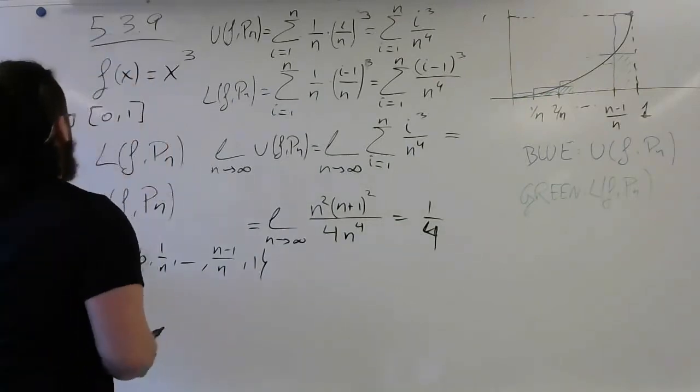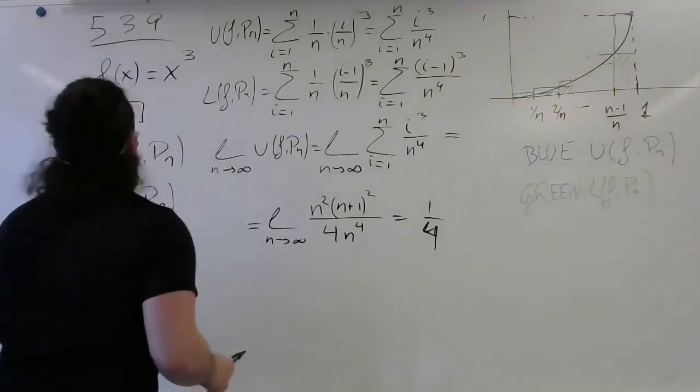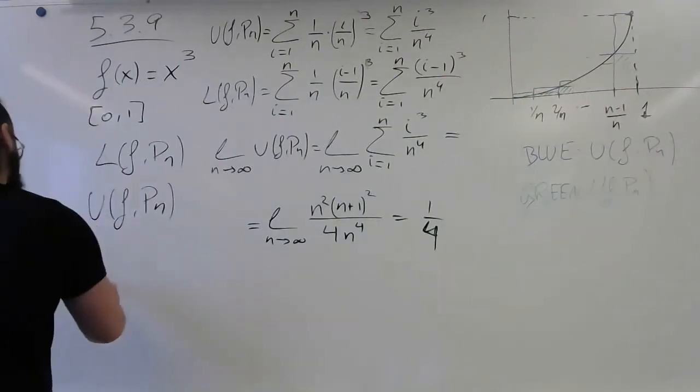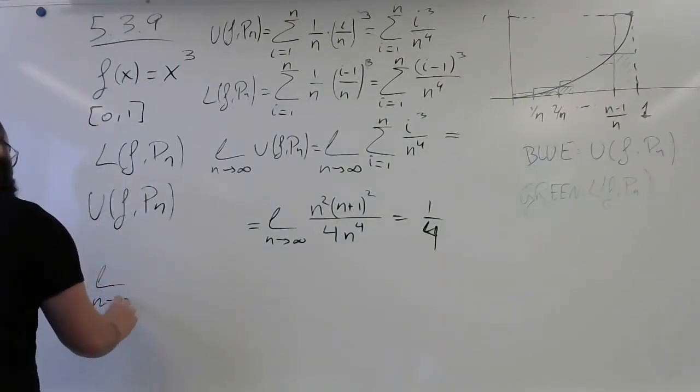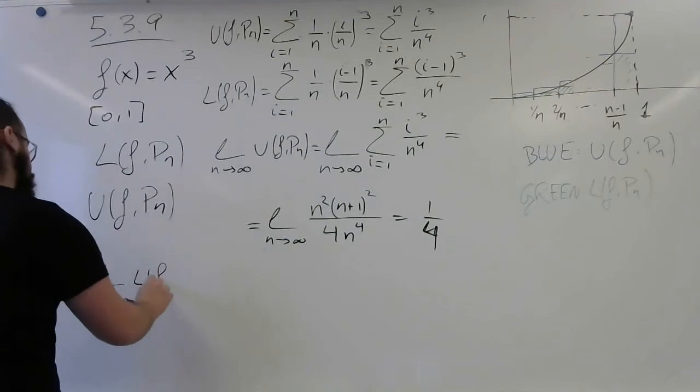Now, in order to solve the other one, we may have to do some magic. So let's see what happens here. We have the limit when n tends to infinity of the lower Riemann sum.